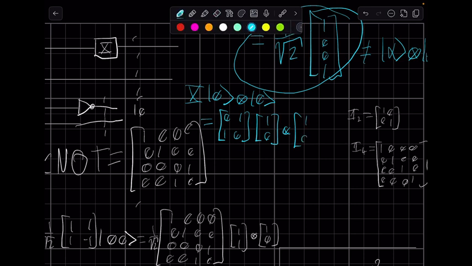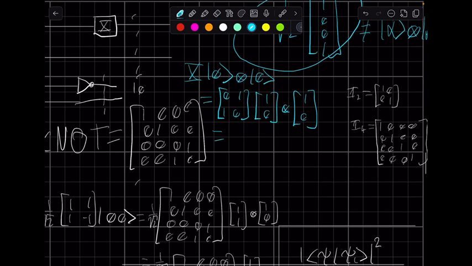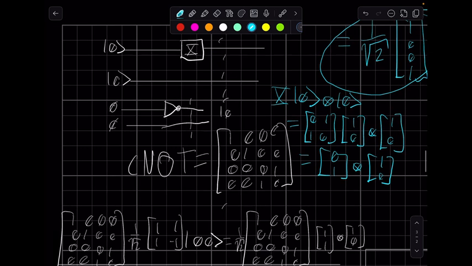And this is also 1, 0. And what happens here is that the top basically gets distributed here. That becomes 0. The bottom becomes 1. So now we have the tensor product of this and this. Now we've basically just done a bit flip.